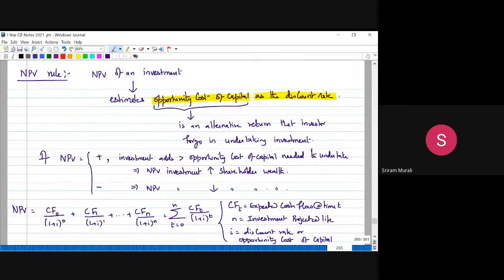Expected means average, so average cash flow at time t. N is the investment's projected life, for what extent we are going for the investment. I is the discount rate or opportunity cost of capital. We are discounting those opportunity costs.